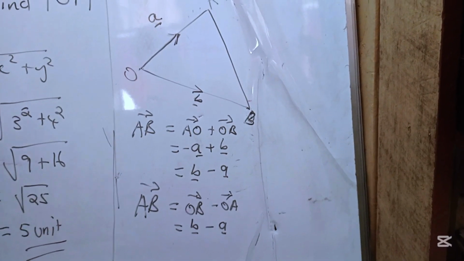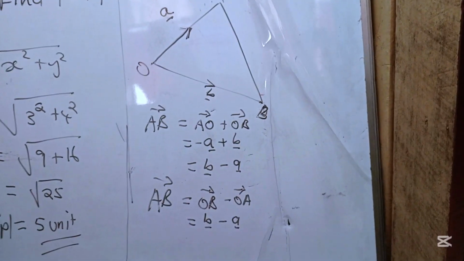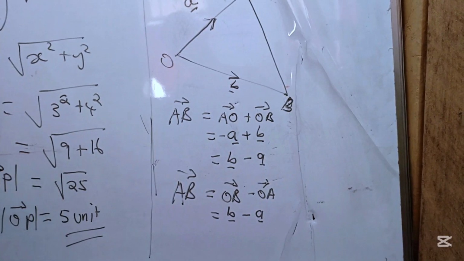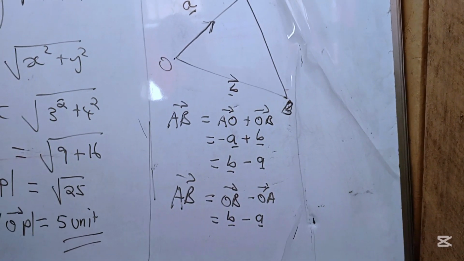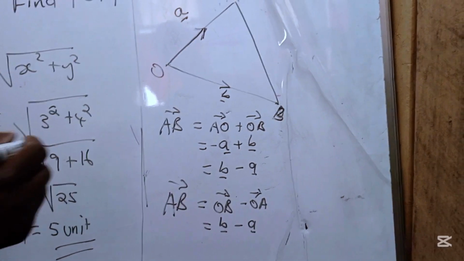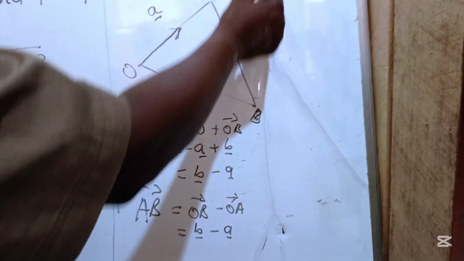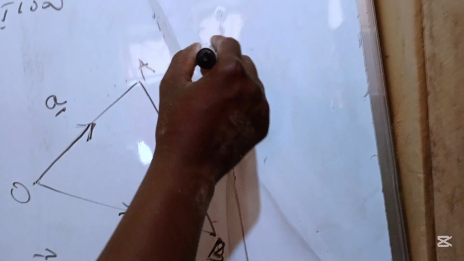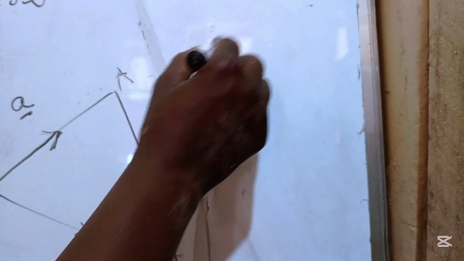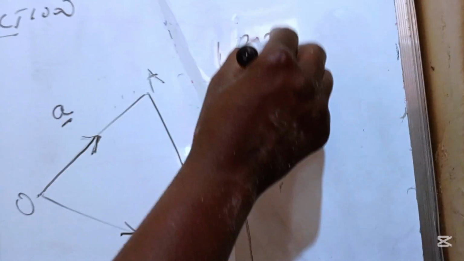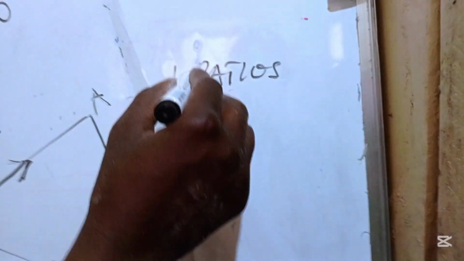Apart from this, vectors can be given in a fraction form. We'll be talking about that. First of all, we should talk about ratios, and of course ratios in vectors.